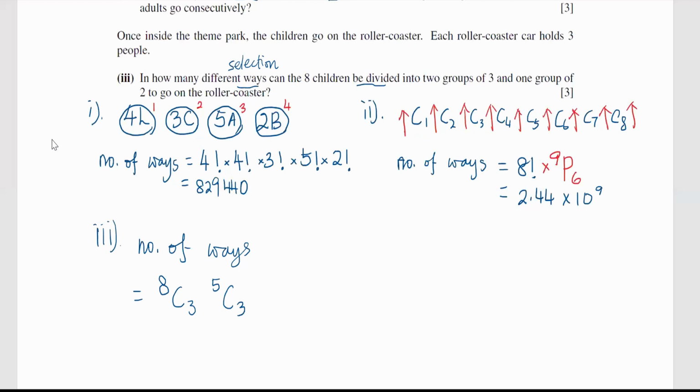All right, then it forms the second group. Then the remaining 2 children, we select both of them, and that will be given by 2C2. And by the multiplication rule, we multiply them together, and that will be the number of ways we have of selecting 2 groups of 3 and 1 group of 2. And the number of ways is 560. All right, so that is the part 3 answer.